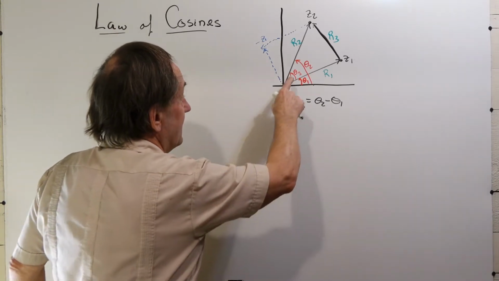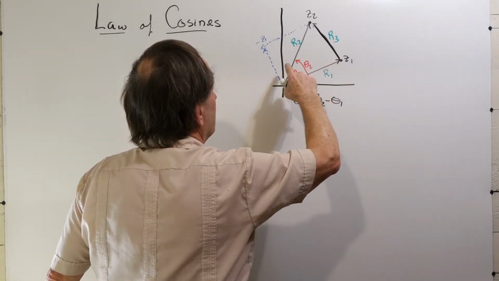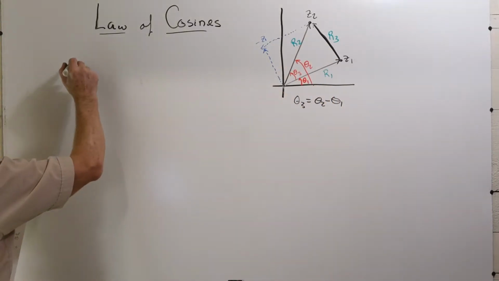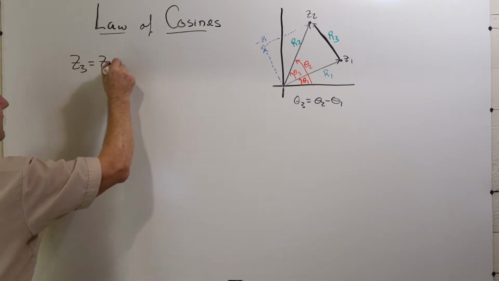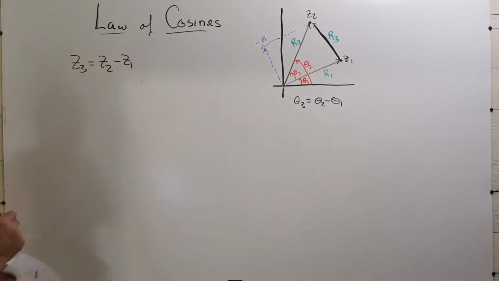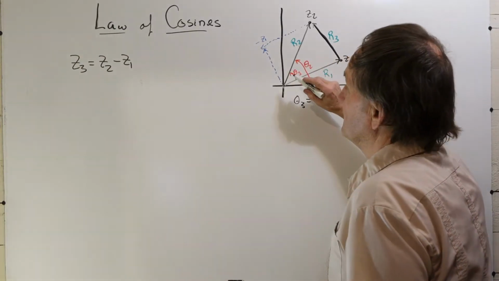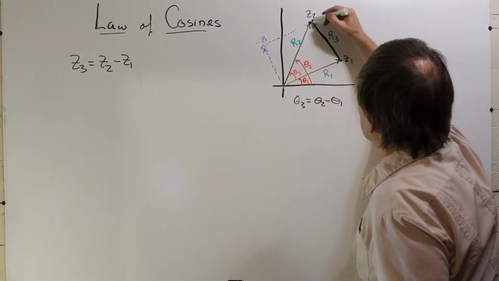Now, this angle is not the same as the angle defined by Z3, which we will form as the difference between the two position vectors, Z1 and Z2. Z2 minus Z1 is a vector pointing from Z1 to Z2.